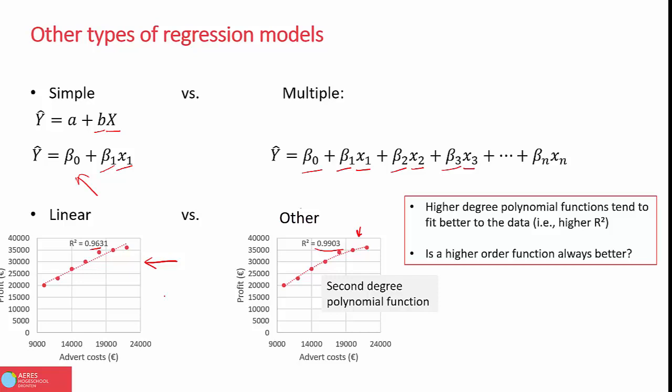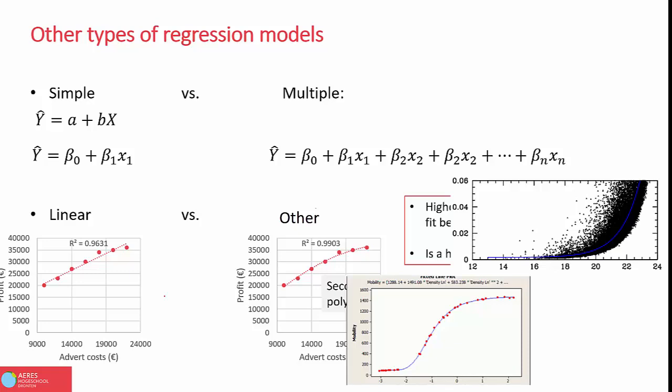Now, a polynomial function is still linear. There are also other types of functions like quadratic or sigmoid, etc. So just so you know, there are all kinds of lines that you can fit to your data, and you have to find the best fitting model to your data, which might be linear, but might be another type of equation as well.